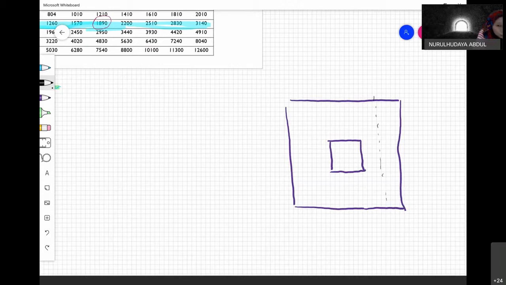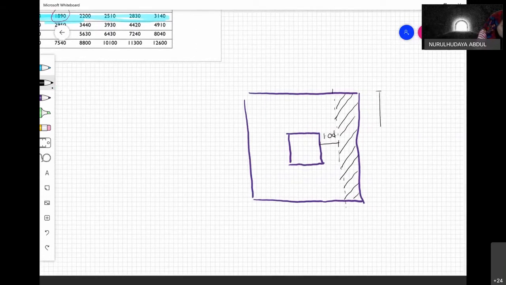This is 1.0D. Okay, 1.0D. This is the area affected by transverse or vertical shear. So we need to find this area, then we can multiply it with the ultimate earth pressure.